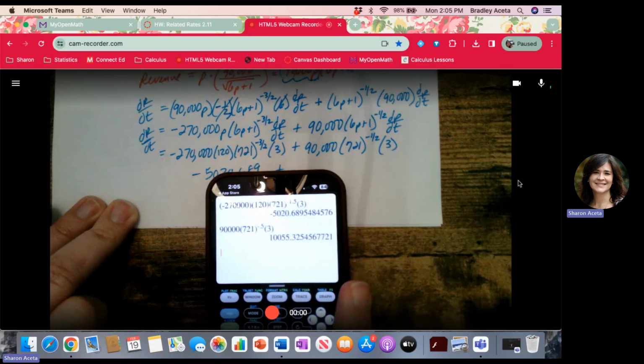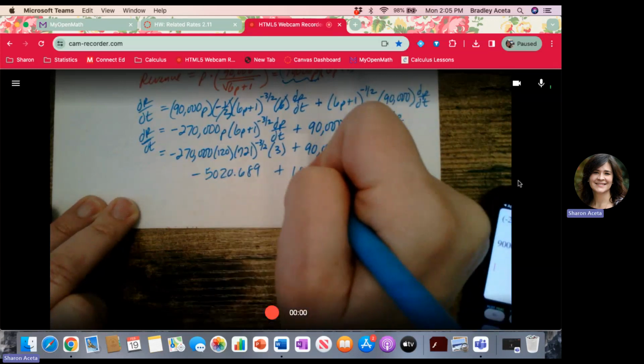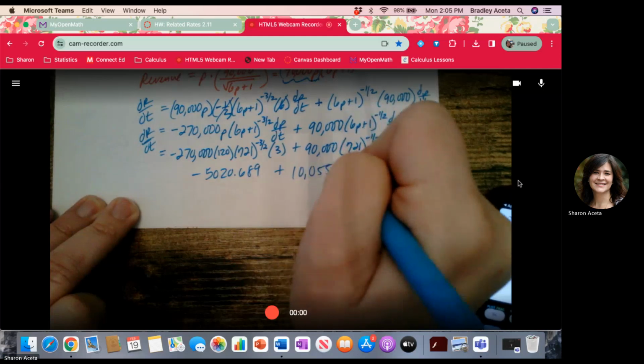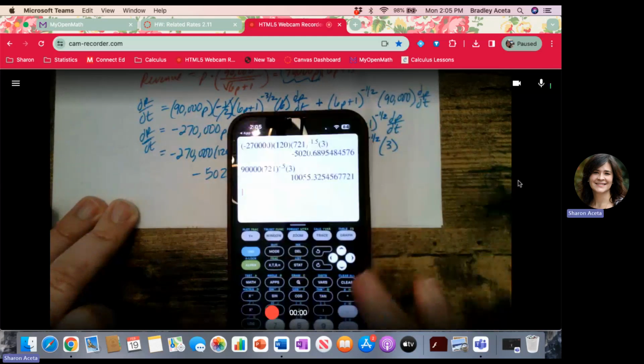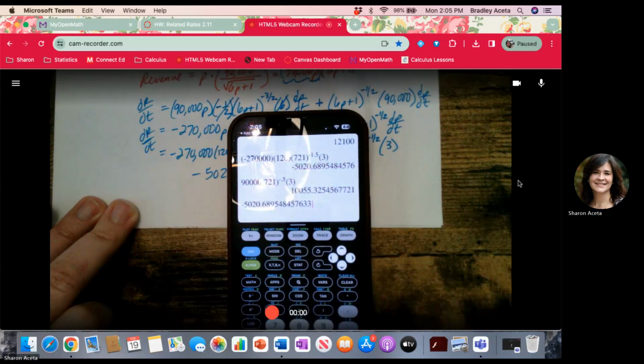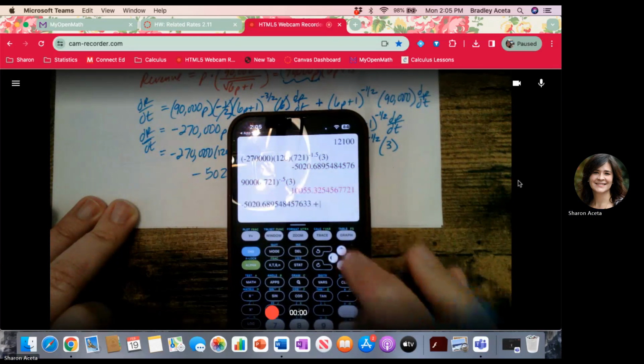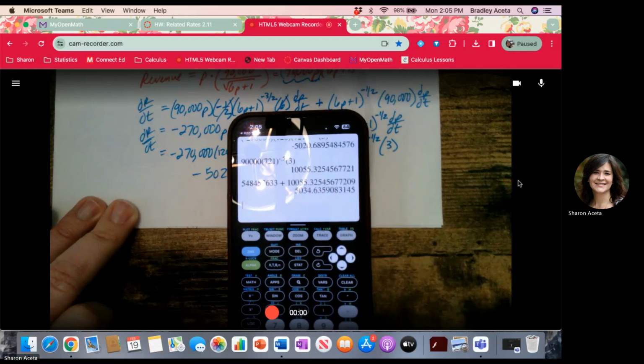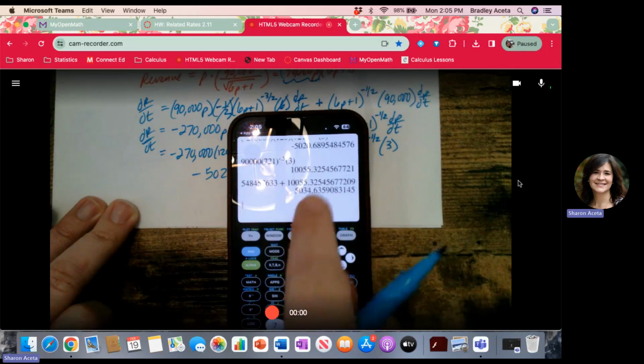And that's 10,055 roughly. And then add those together. And I get 5,034.6359, which is the correct answer right up there. All right, a little bit longer today, but you should be able to get all your homework done now.